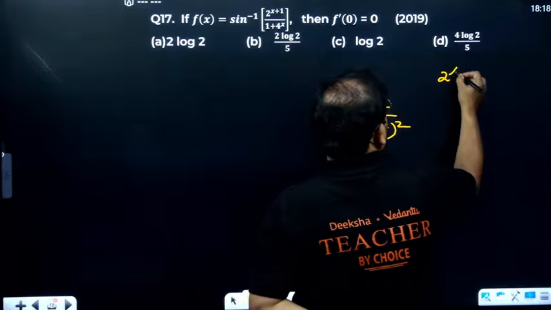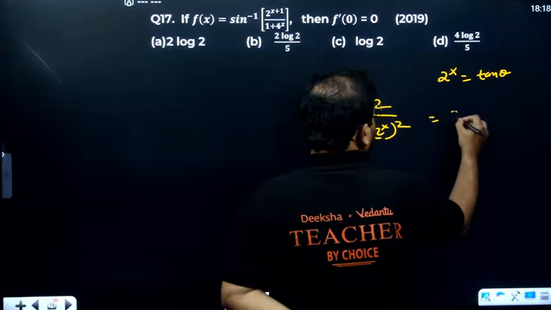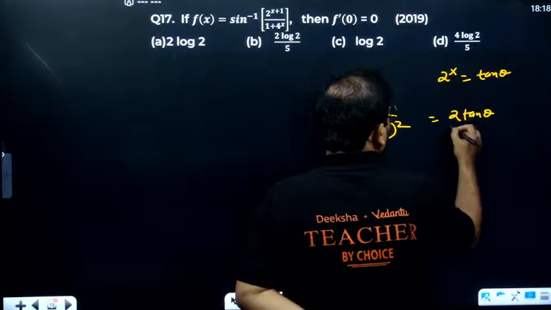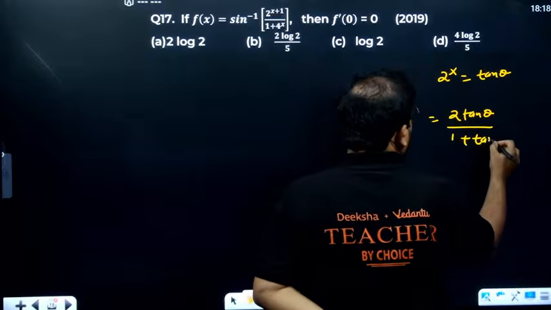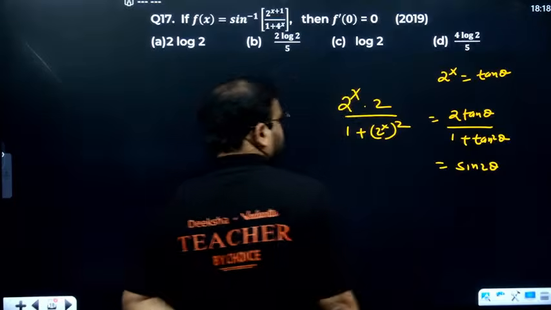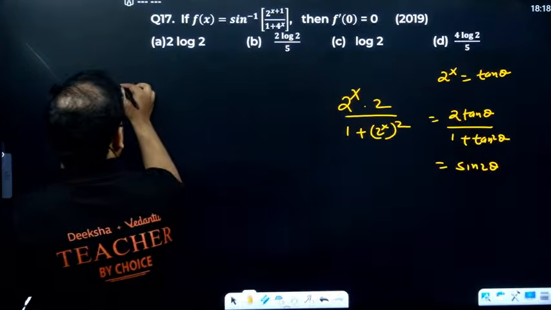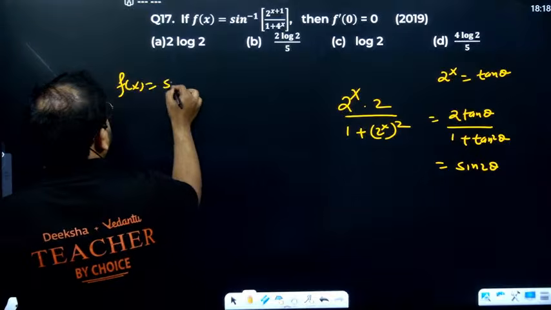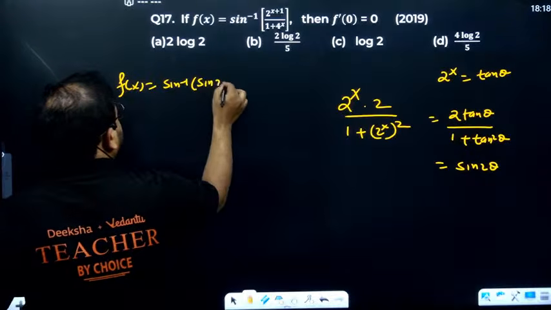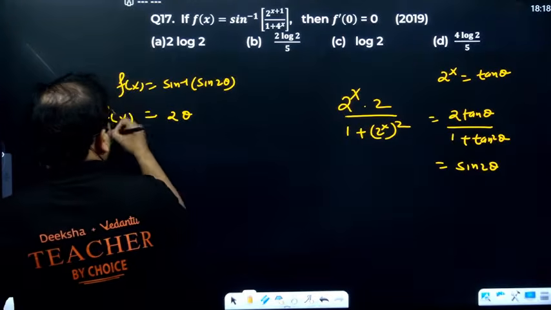And then take 2 power x as tan theta. Okay? This becomes 2 tan theta upon 1 plus tan square theta. Just explaining right now, this is the formula for sine 2 theta. We had a question like this, sine 2 theta. So if you operate, you'll have f(x) as sine inverse of sine 2 theta, that's 2 theta for f(x).